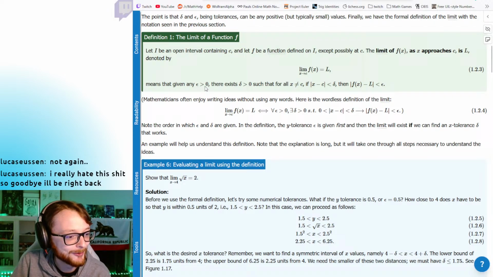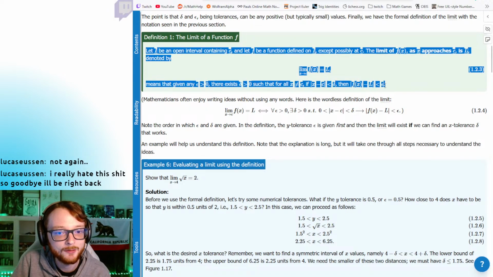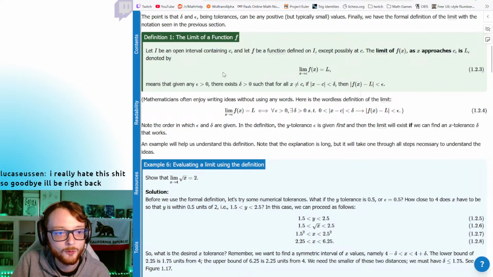Normally for an AP calculus class, they don't make you learn this, it's a famously difficult definition to learn. But in a college course, they might make you do it depending on the professor. AP calculus easy. Nice, nice.